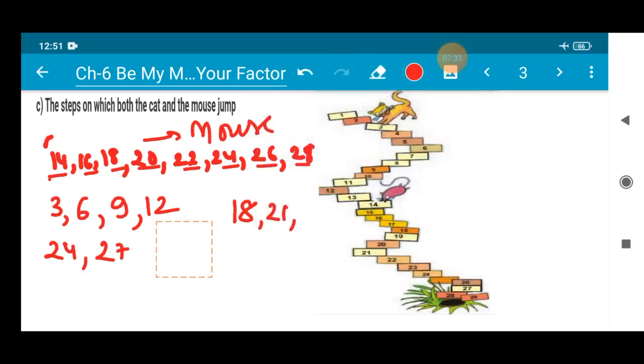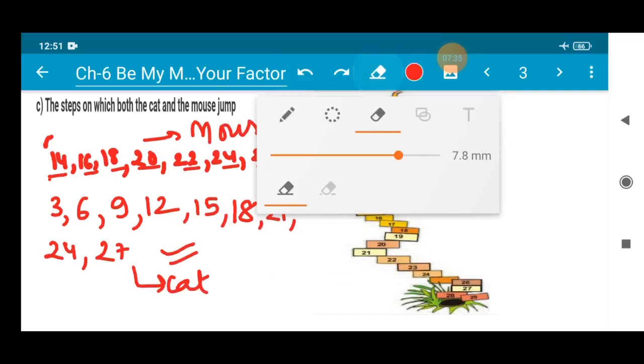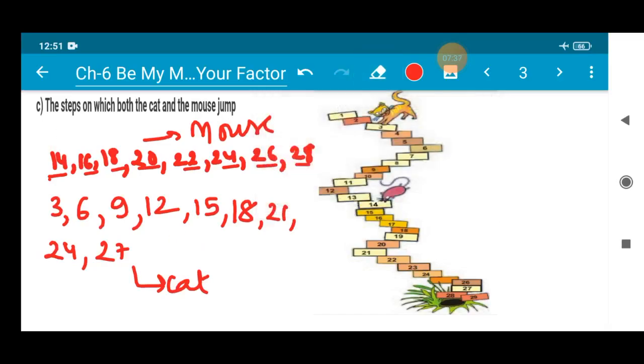Now what you have to do is tell the steps on which both cat and mouse jump. Looking at these numbers, you can clearly see 18 and 18. So 18 is the first step which both the mouse and cat touch.